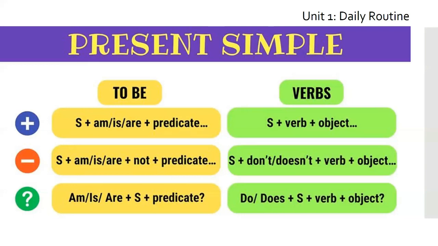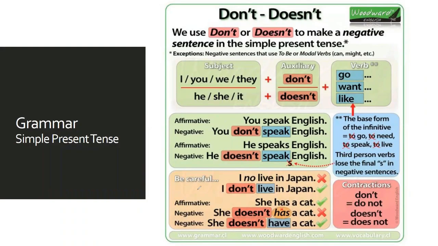So let's move on with another exception that I want you to take a look at, which is the negative statement. You have to be careful with this type of sentence.